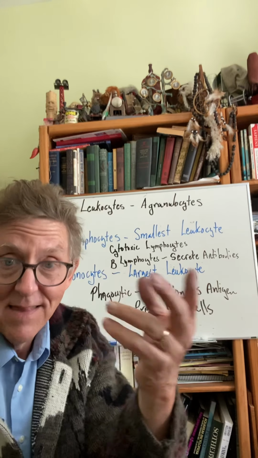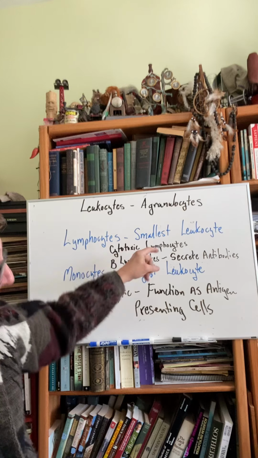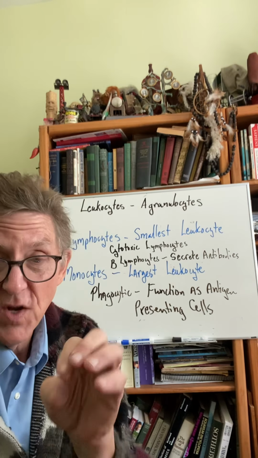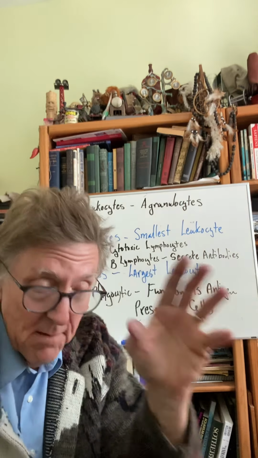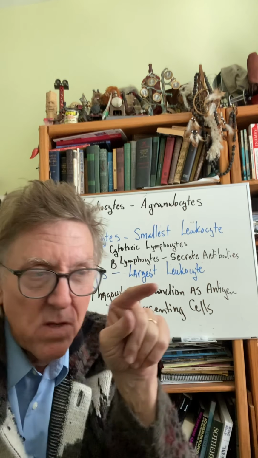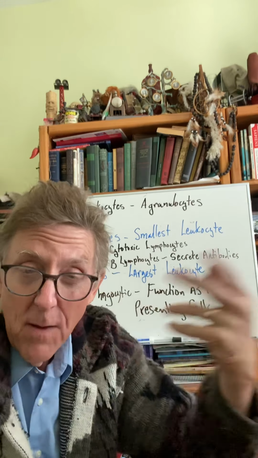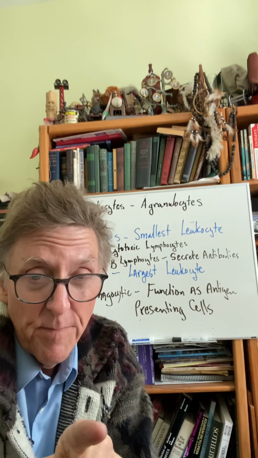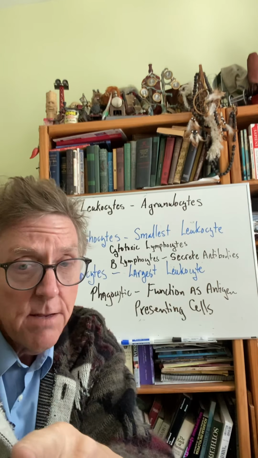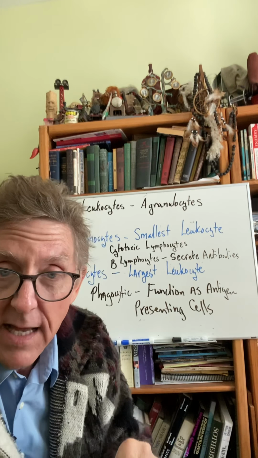So these are cells that are going to go out and find a very specific pathogen, get up next to it and kill it. That's their job, to go out there and kill the bad guys that they've been told about. We'll come back to that in a minute. So they've been activated to find a certain kind of pathogen and to kill it.